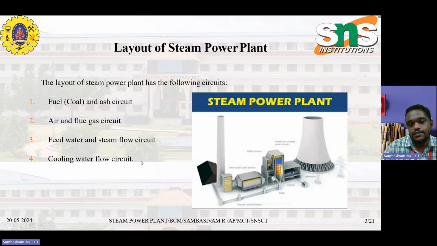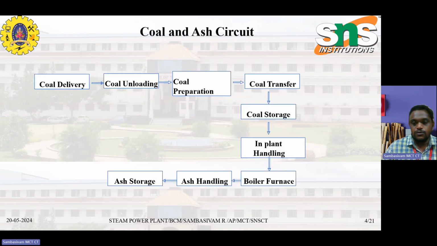A steam power plant has various layouts: the fuel coal system, air and fuel gas circuit, feed water and steam flow circuit, and cooling water flow circuit. As I said earlier, this is how the coal ash circuit is developed.